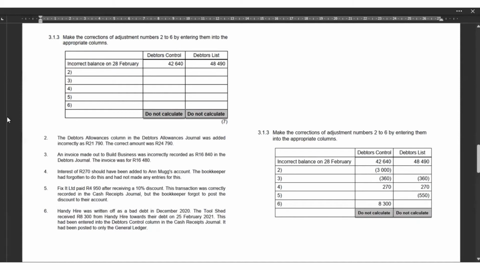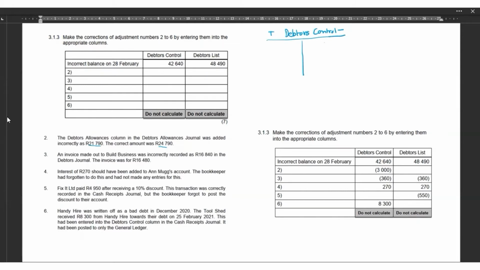The debtors allowances column in the debtors allowances journal was added incorrectly as 21,790. The correct amount, 24,790. All right, so debtors allowances will usually decrease your debtors control. So if I've got a debtors control here, my allowances decrease my control.